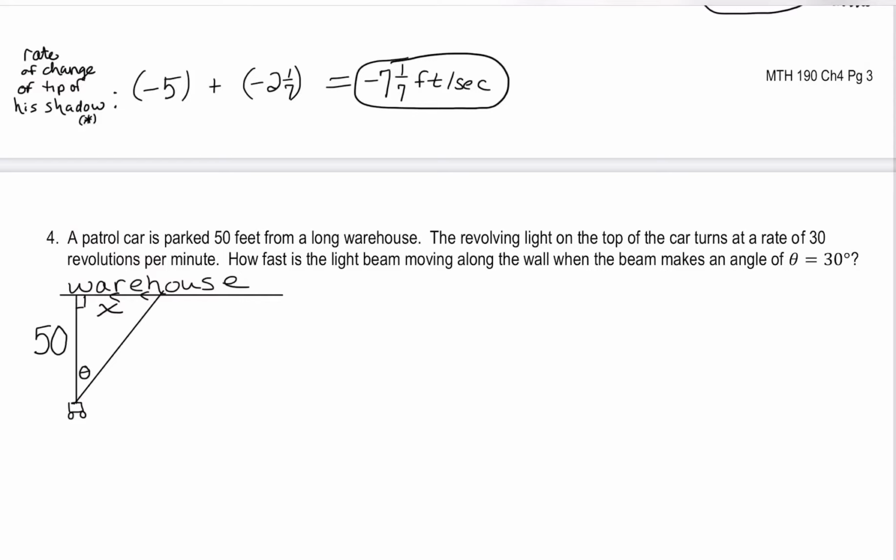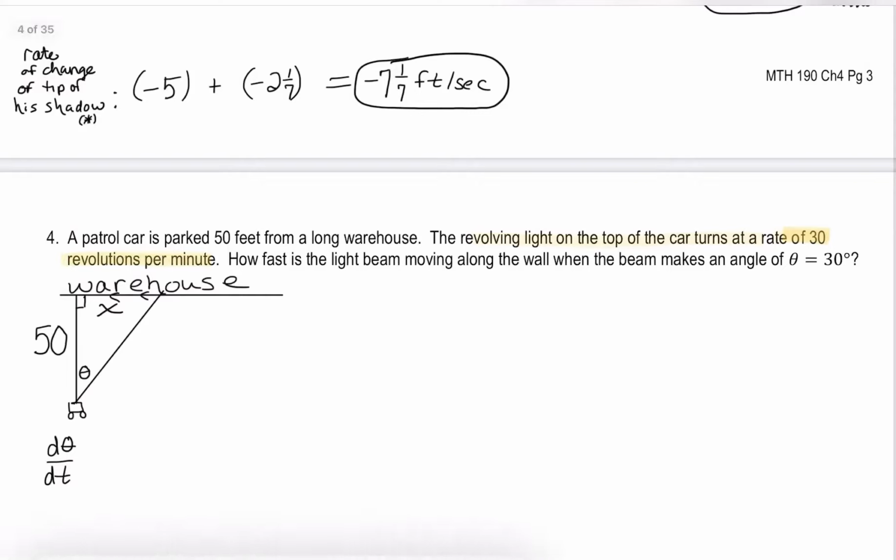Now, other information we are given. We are given information this time about the angular speed, how fast theta is changing with respect to time. So we are told that the revolving light at the top of the car turns at a rate of 30 revolutions per minute.